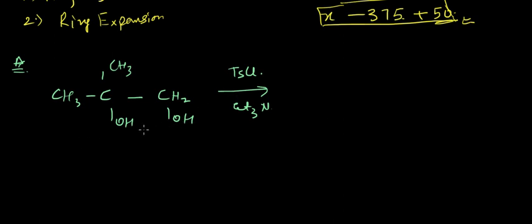In this case, this compound would act as a nucleophile for this compound, and when we're talking about nucleophile, we'll see that this oxygen atom, or the first oxygen atom, would be a better nucleophile than the second one. Why? Because when you look at the second oxygen atom, it is surrounded by 3 bulky groups, CH3 on the same carbon, right?